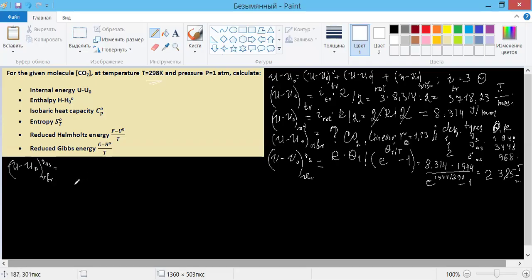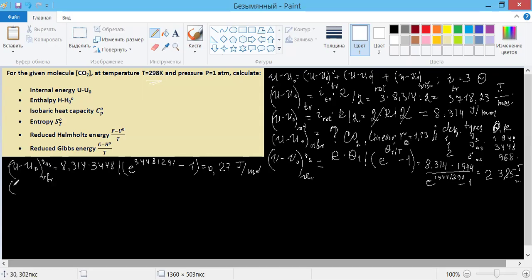I'm not going to write down the formula because you can see it written here, but I will write down only the numerical values. 8.314 times 3448 divided by e raised to 3448 divided by 298, minus 1. And that gives us 0.27 joules per mole. As you can see, its contribution is pretty low. However, we have to take this into consideration as well.